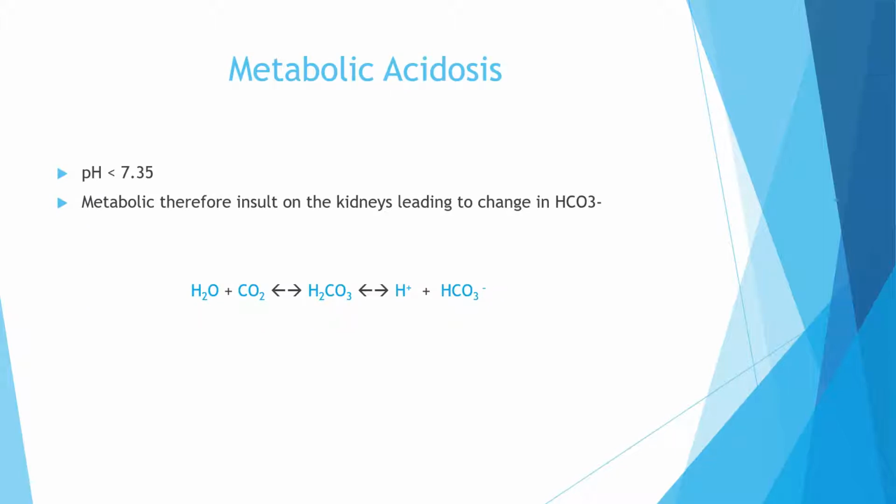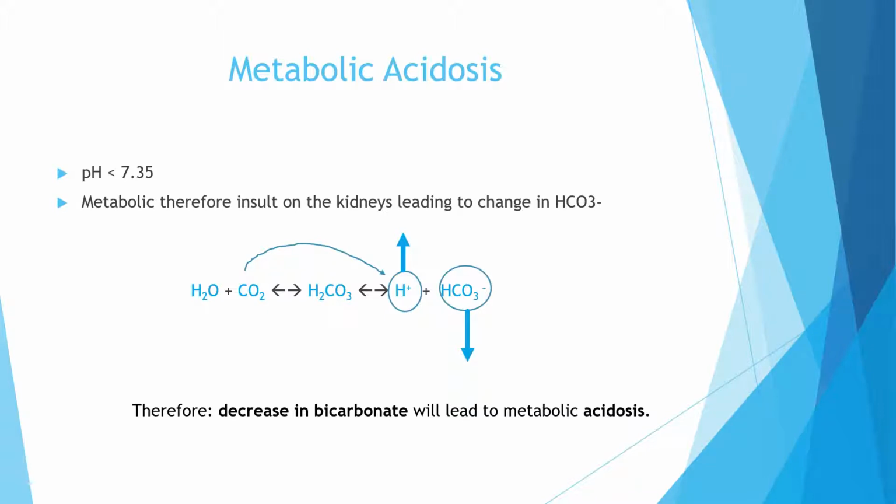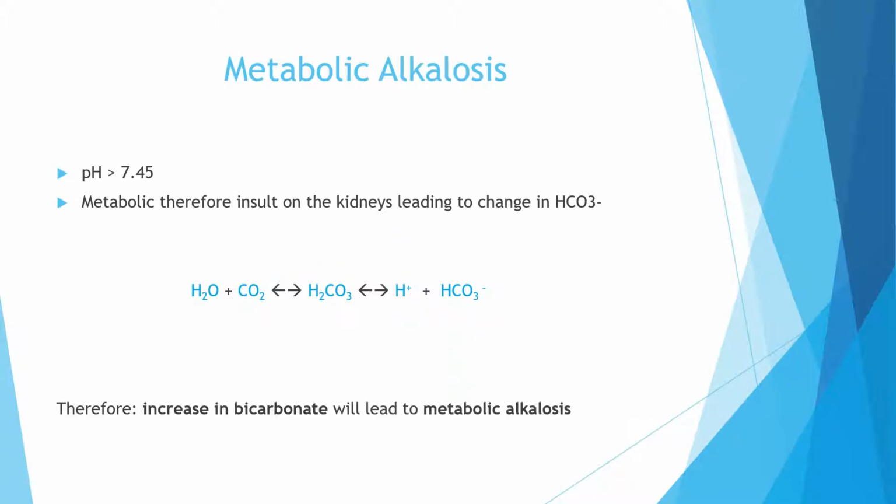For metabolic acidosis, pH is less than 7.35, and because it's metabolic, it's due to an insult on the kidneys, leading to a change in the HCO3, or the bicarb. The bicarb goes down, your equation gets pushed to the right, and therefore your H plus goes up. So a decrease in bicarb will lead to metabolic acidosis.